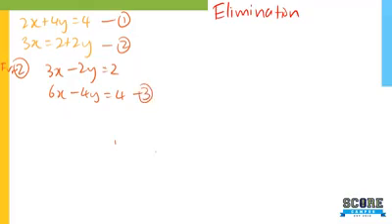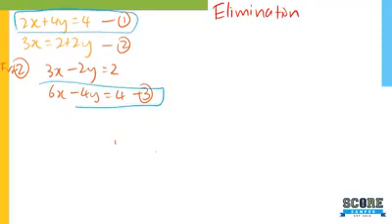Now if you compare equation 1 and equation 3, you will see that here you have plus 4y and here you have minus 4y. So if you add equations 1 and 3 together, you can cancel out the 4y, correct?